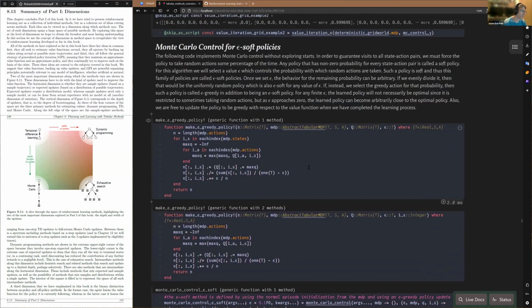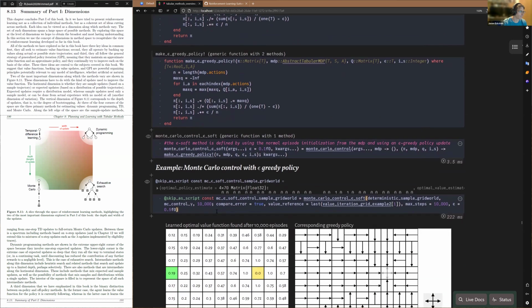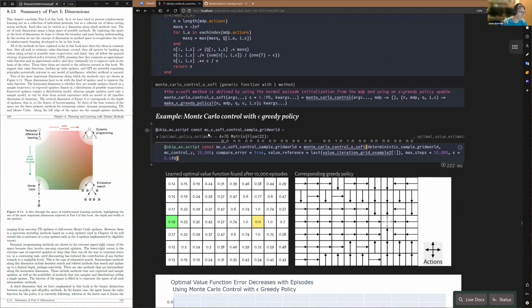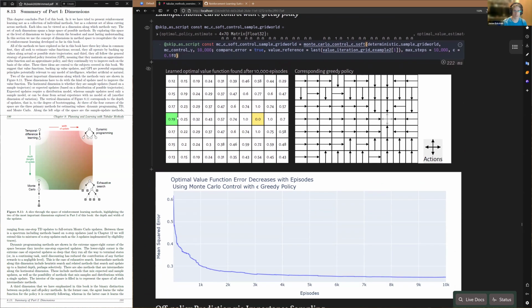Because of the way this is computed, the policy I'm updating is this epsilon greedy policy with epsilon of 0.5, and that's the data it's collecting. That also means that these value estimates are going to correspond to the epsilon greedy policy. It turns out the greedy policy with respect to that value function is still probably optimal, which is convenient.